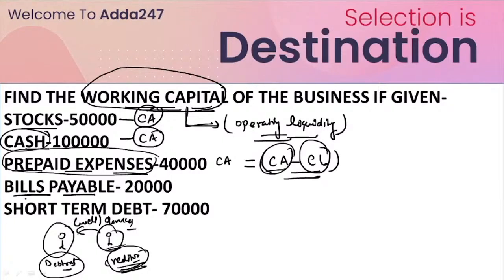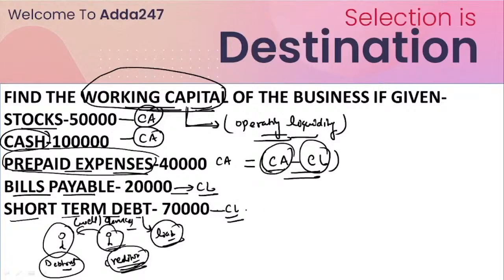So bills payable comes under current liabilities. Short-term debt is also understood as short-term liabilities, which are current liabilities.